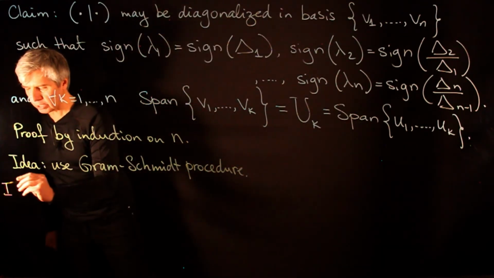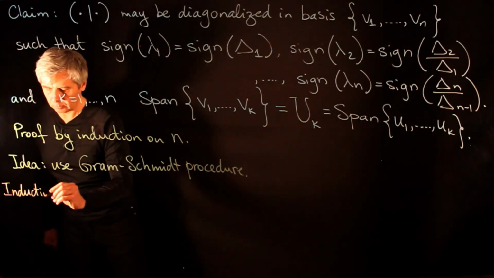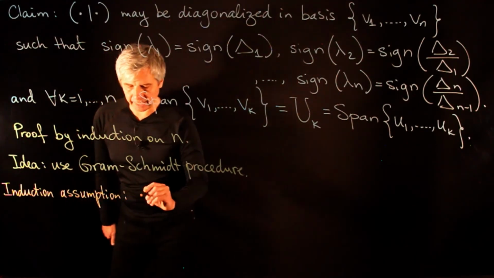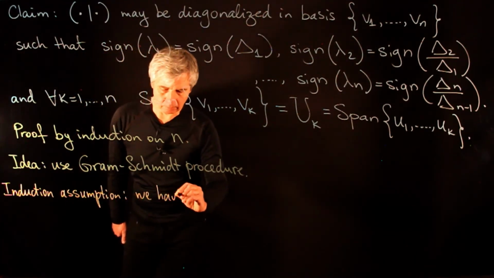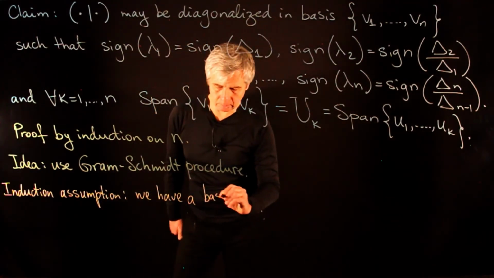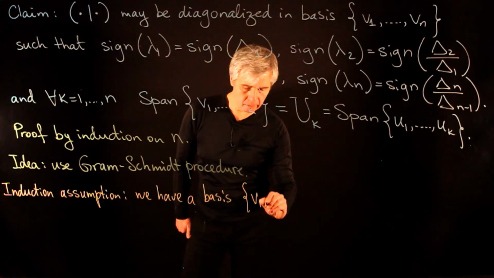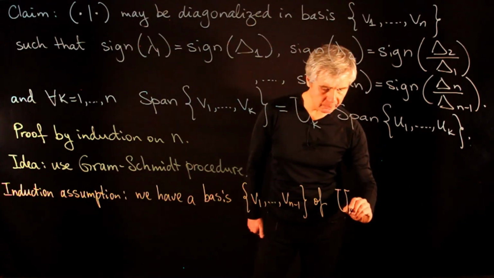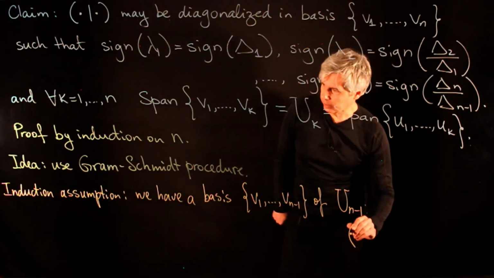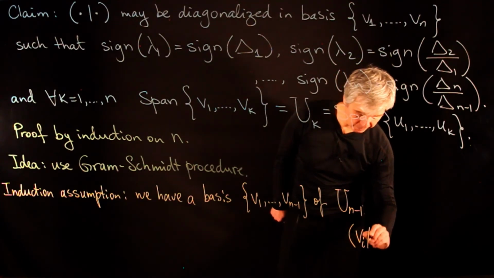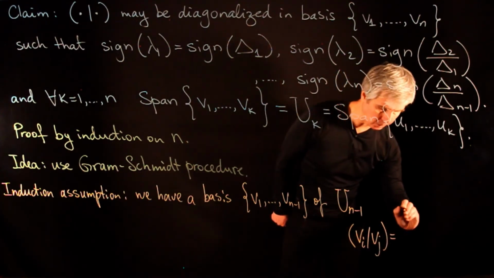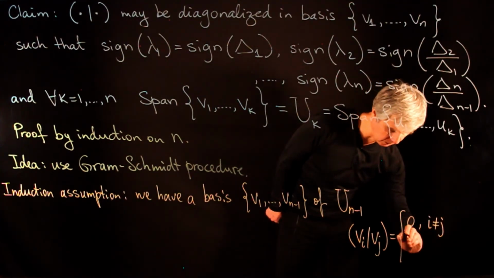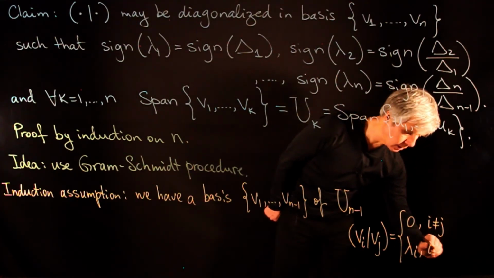What is our induction assumption? So we have a basis v1 through vn minus 1 of the subspace un minus 1 with the property that vi with vj is equal to 0 if i is different from j, and it's equal to lambda i if i is equal to j.